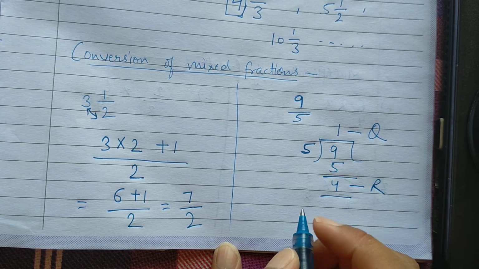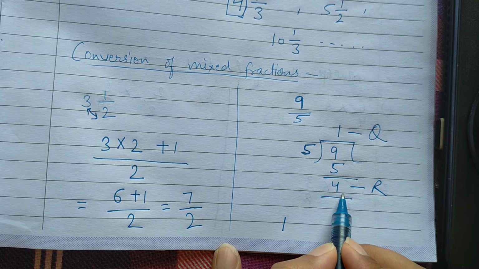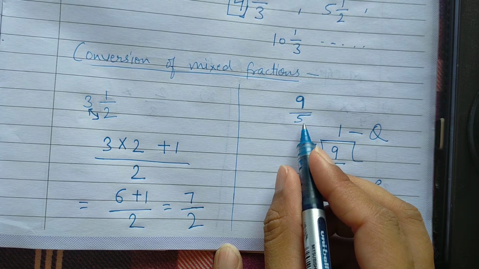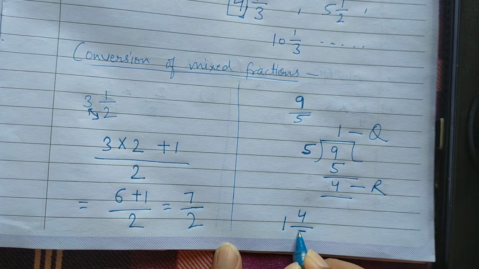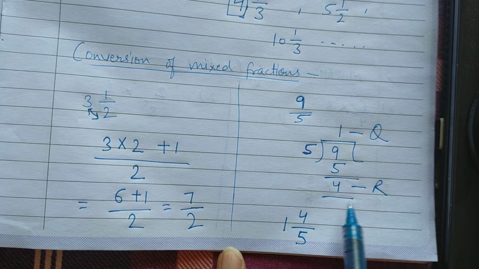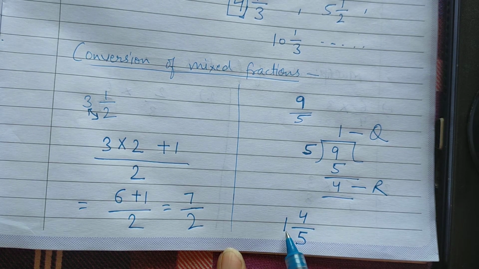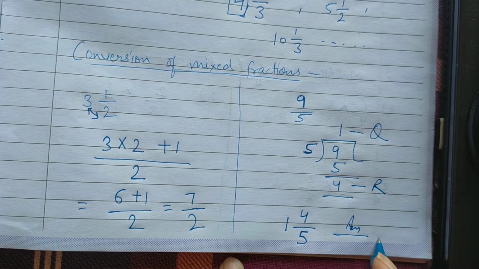Then first write the quotient, and then the remainder in the numerator. And the denominator is the same as the denominator. This 5 is the denominator; it will come in the denominator. Quotient, then the remainder becomes the numerator, and then the denominator remains the denominator. 1 4 upon 5 will be the answer.